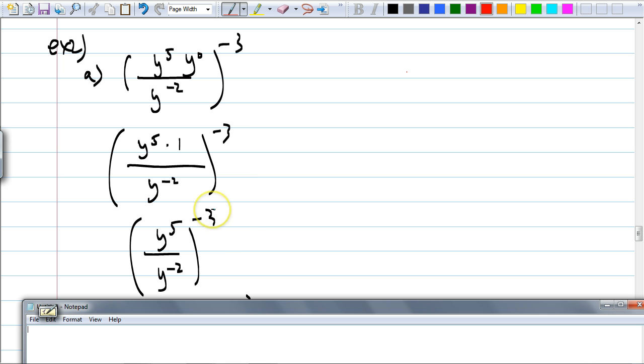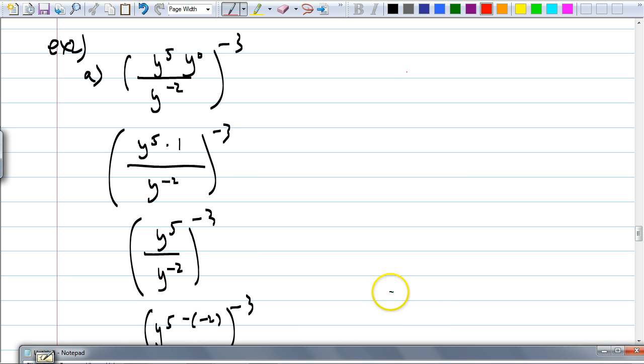Don't worry about this. Remember, you have to follow the order of operations. Remember the rule when you're dividing powers with the same base. What do we do with the exponents? When you're dividing them, you do what? Look at your notes. You subtract them. So don't we subtract these?